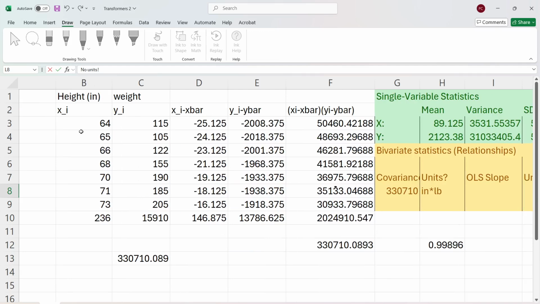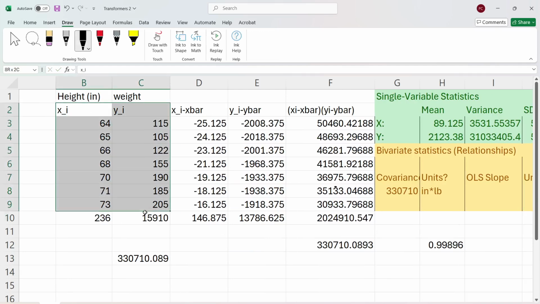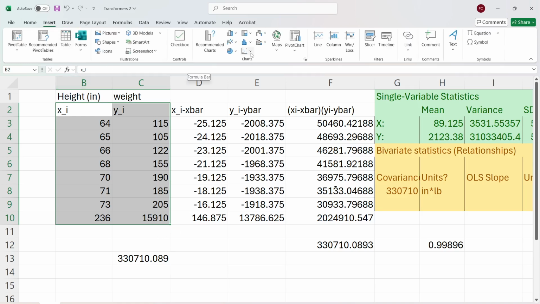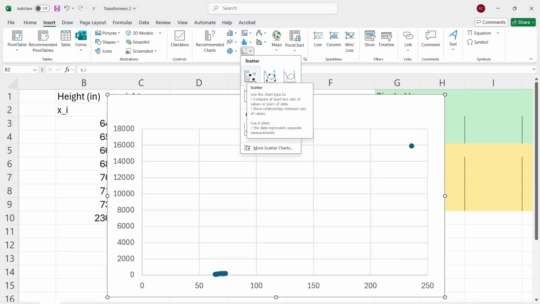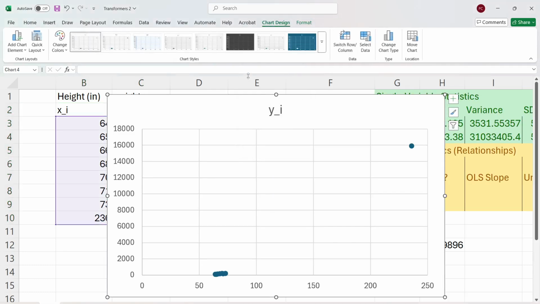But if I went back to here and I saw my x and my y and I really started asking questions, then I might, would I dare to look at a scatter plot of these things and see how strongly they depend on each other? My goodness, that does look like, okay, all right. Yep, that seems like it could be strong dependence.